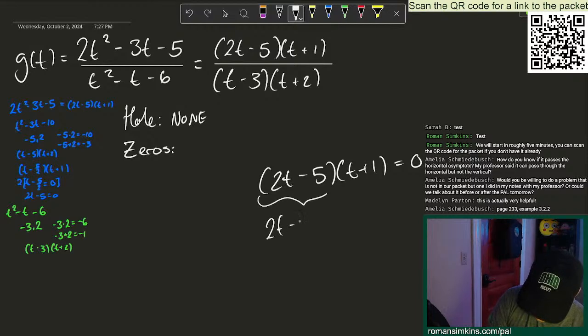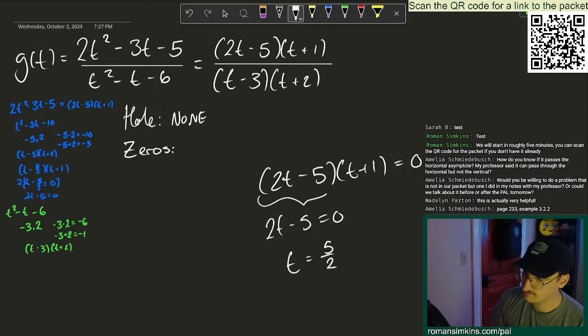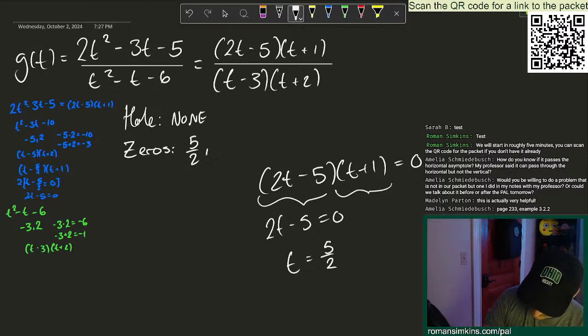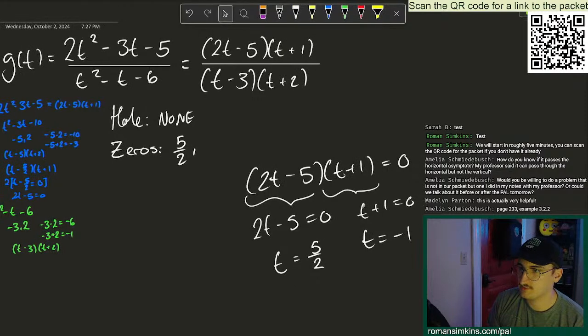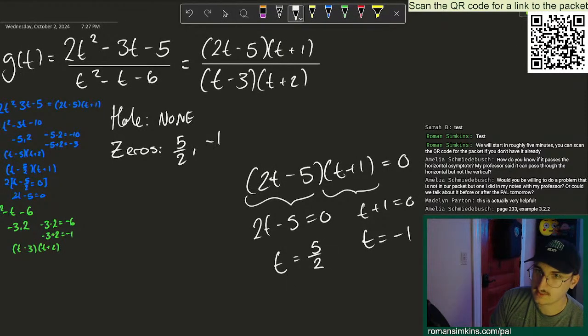If I have 2t minus 5 equals 0, I can add the 5 over, divide by 2, and I get t equals 5 halves. So that is a zero. If I solve the other one, set t plus 1 equal to 0, I simply get t equals negative 1. So negative 1 is a zero.